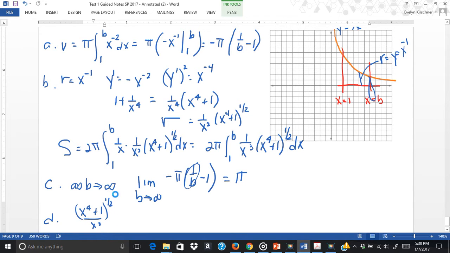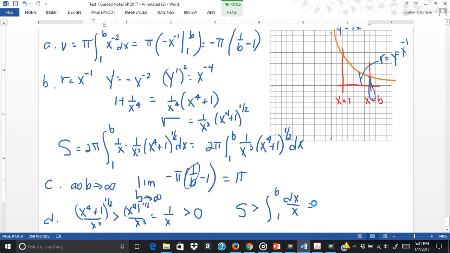Now I know that that is going to be greater than x to the 4th to the 1/2 over x cubed, which is the same as 1 over x, which I know is greater than 0.